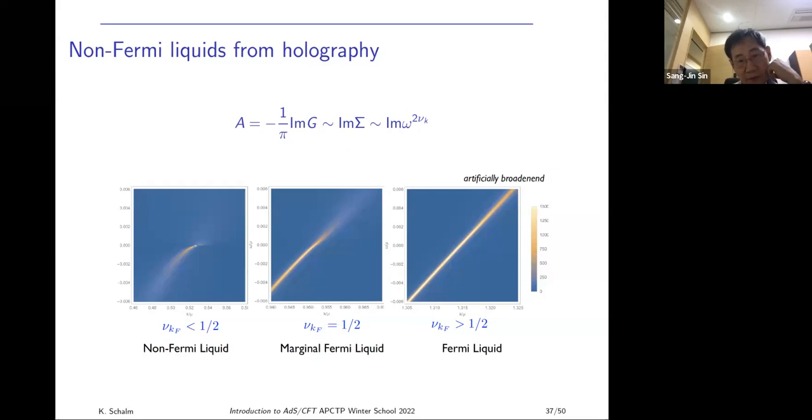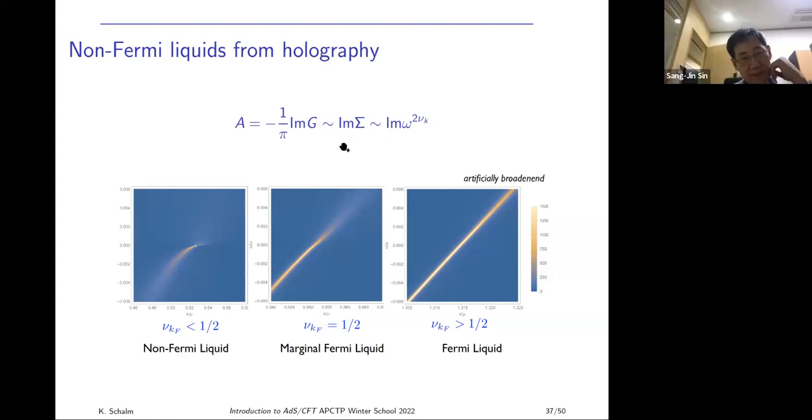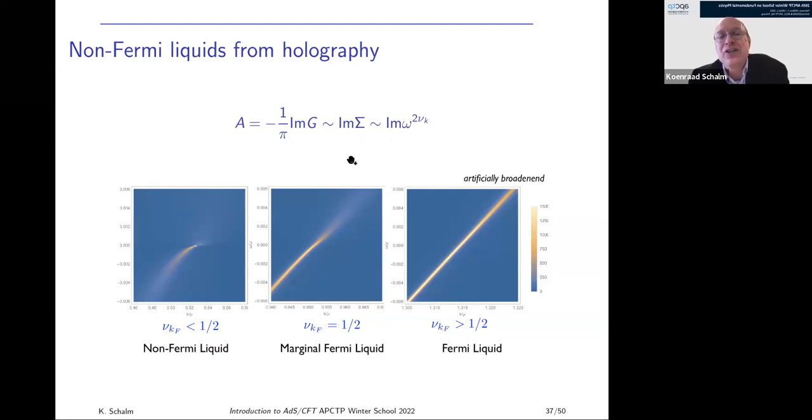No, my apologies. I should have put the denominator here as well. I will correct that in the next slide. And then you see that essentially it's a Lorentzian whose width is proportional to the imaginary part of sigma. Right. Okay.